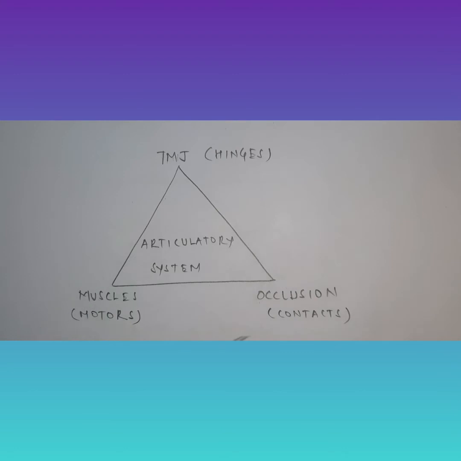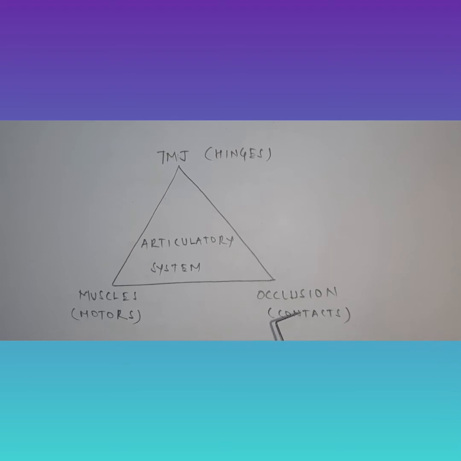Now neither of them will function properly if there is a problem or interference in any one of them. And most of the time it is the occlusal interference which causes problems in the temporomandibular joint and pain in the muscles.